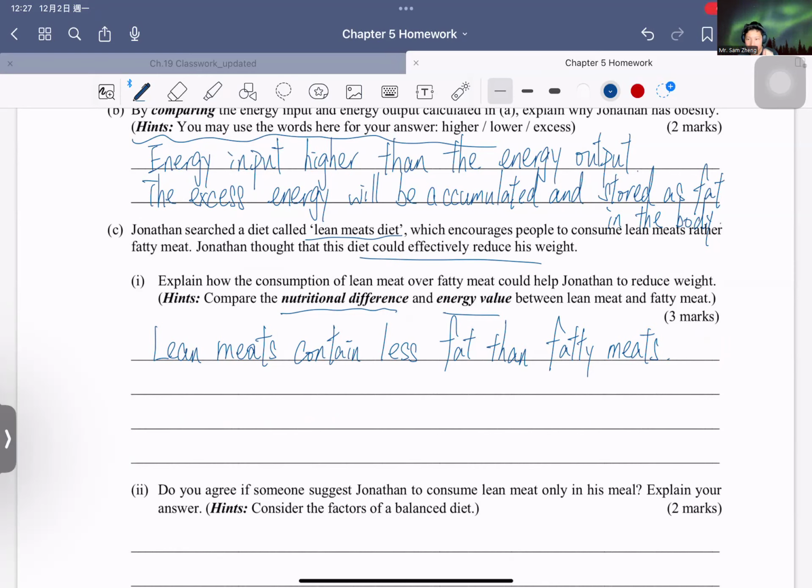As less fat is consumed, we notice that originally fat has a very high energy value. Now, less fat means that we are reducing the energy intake. So this can reduce the energy intake of Jonathan.